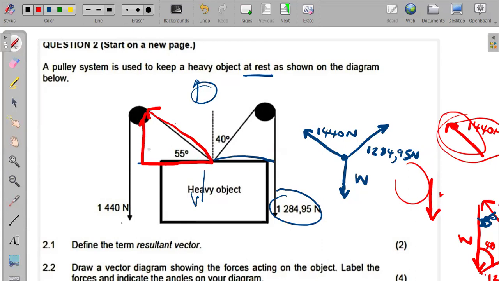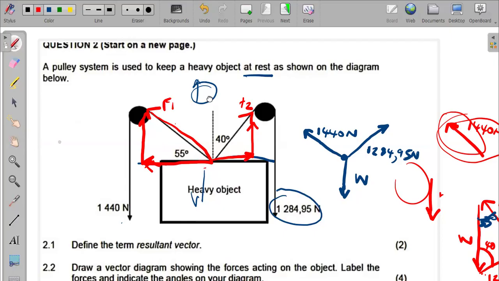These are the two force components we have for that particular force. The same applies for the 1,284.95 force: this is its horizontal component, and this becomes its vertical component, right? So we will call this one F1, and I will call this one F2, right?